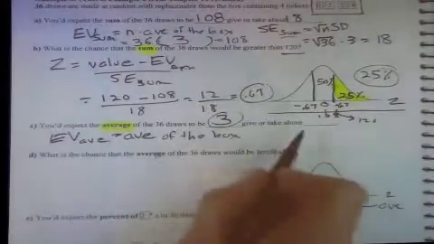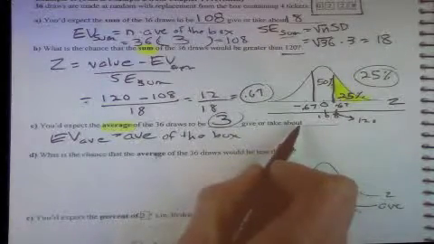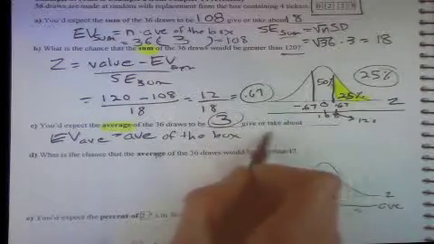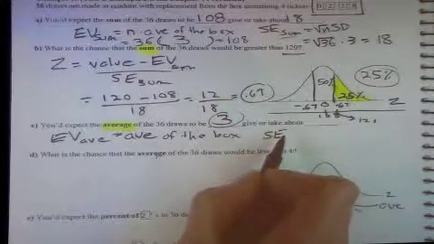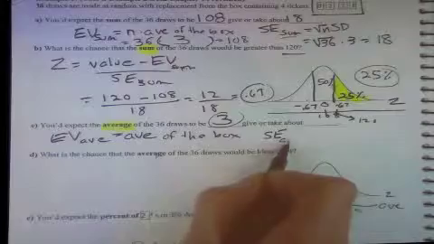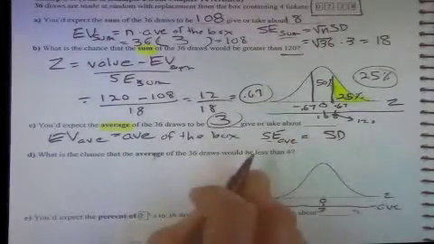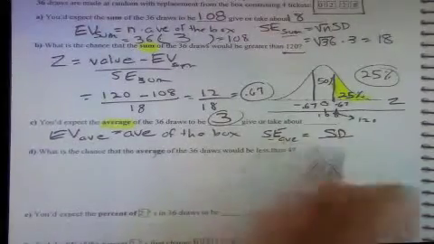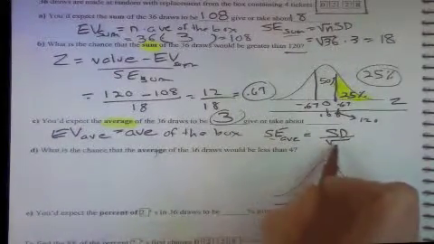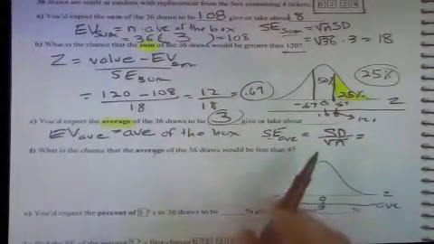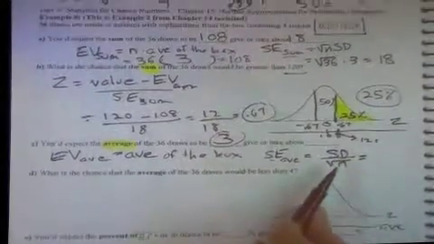All right, give or take about what? That's the standard error for the average. That's what I have to put in right here. So that's going to be the standard error of the average. And right away, standard error is SD. Your only question is multiplying or dividing. For the average, you divide by the square root of n. So standard deviation, we just figured it out.